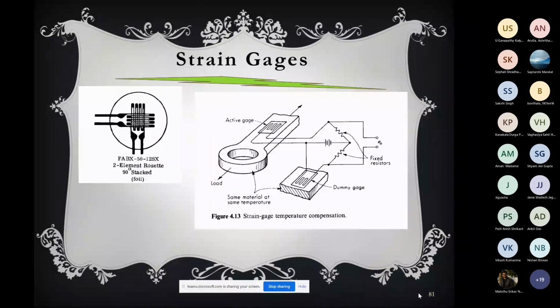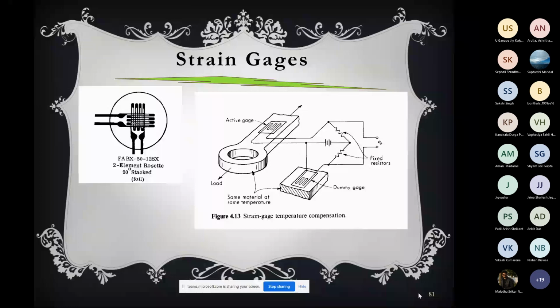Temperature is an important interfering input for strain gauges because if the temperature changes, the resistance changes. As we are discussing with strain, the resistance changes, and that is measured with the Wheatstone bridge, and accordingly we can determine the strain. With temperature also the resistance changes. Suppose we have a strain gauge and there is no strain, so the resistance is not changing due to strain, but let's say the temperature changes.